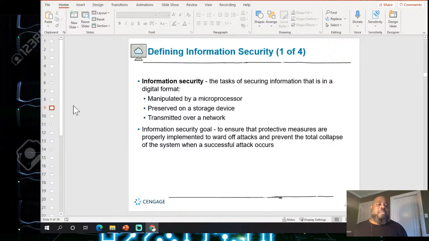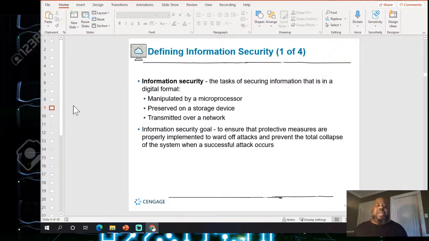That's usually the triad: confidentiality, integrity, and availability. Those are the three areas of the triangle of security that really matter.